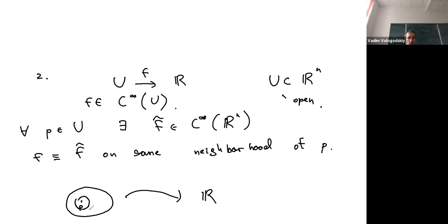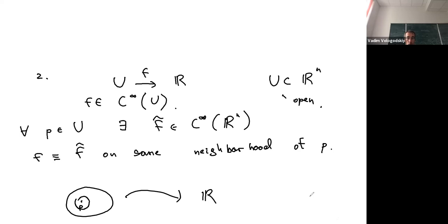The construction is not difficult. It uses the existence of a smooth function on R which is identically equal to 1 on the interval from 0 to 1, and equal to 0 outside of the interval, say, from -1 to 2.